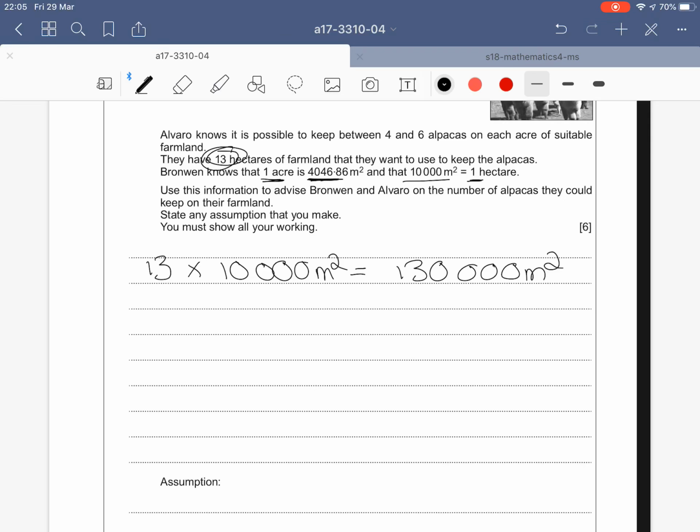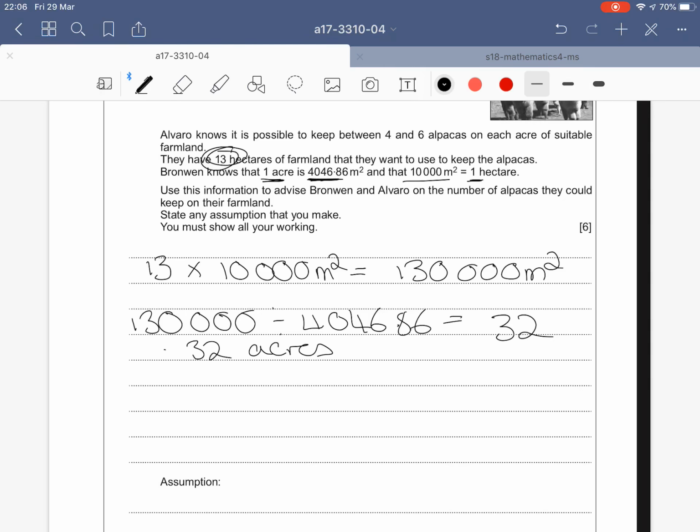So if we divide the 130,000 by the 4,046.86, we can see how many acres we have for the alpacas. So we can go 130,000 divided by the 4,046.86. That gives us roughly 32. So we have 32 acres.